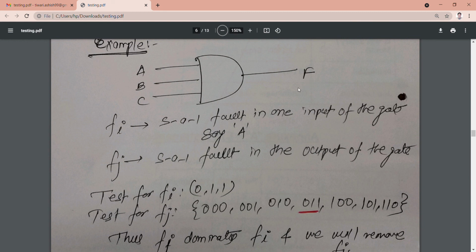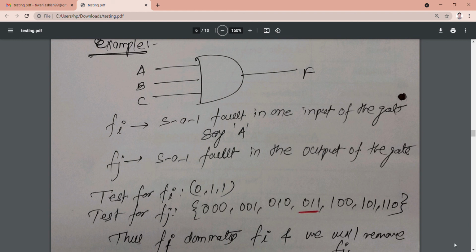So instead of applying all these test vectors, can I not apply 0 1 1 only? This is 0 1 1 and this is 0 1 1. These are two common things, and 0 1 1 can also detect the fault at F. So these two faults are said to be equivalent in the sense that Fj is dominating Fi in terms of the number of test vectors.